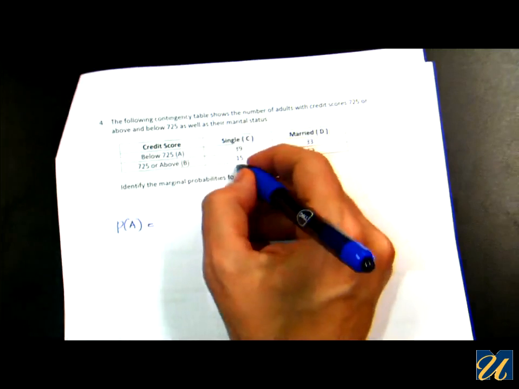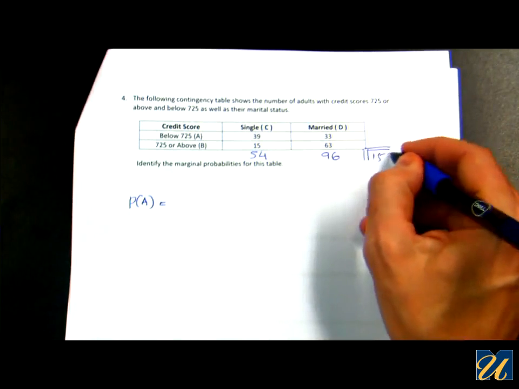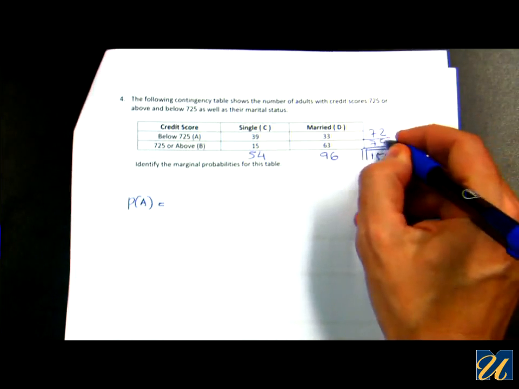We're going to do 39 plus 15. We have 54. We're going to do 33 plus 63, 96. 150 is our total. We will do 39 plus 33, 72, and we will do 15 plus 63. This is 78. All right.